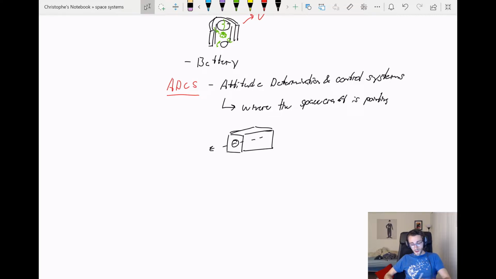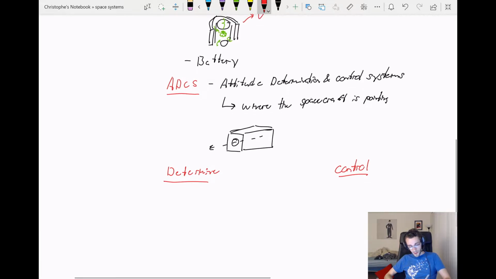So we can also break this down into two different subsystems. We've got the attitude determination part of ADCS, so you can determine your attitude, and then you can control your attitude. Now there are different kinds of components which do these different functions.